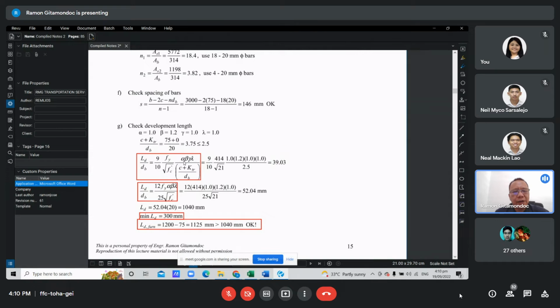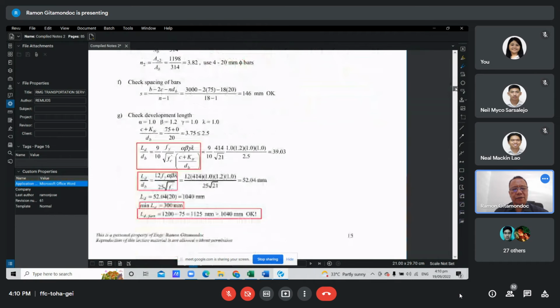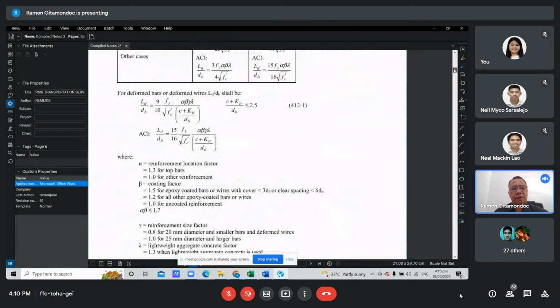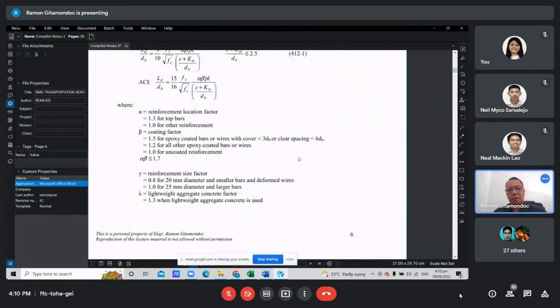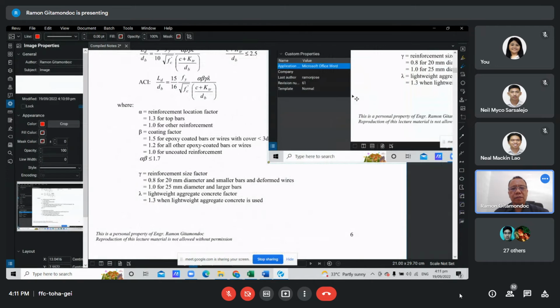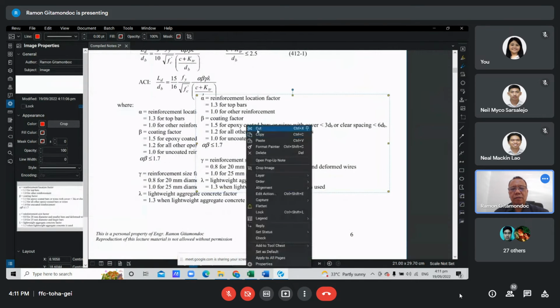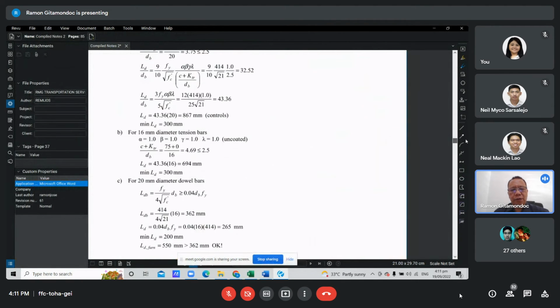Okay, so we have these development length factors. Alpha is, I think, the location factor, beta is the epoxy coating factor, and gamma, let's look at the definition for this one. I forgot the definition.